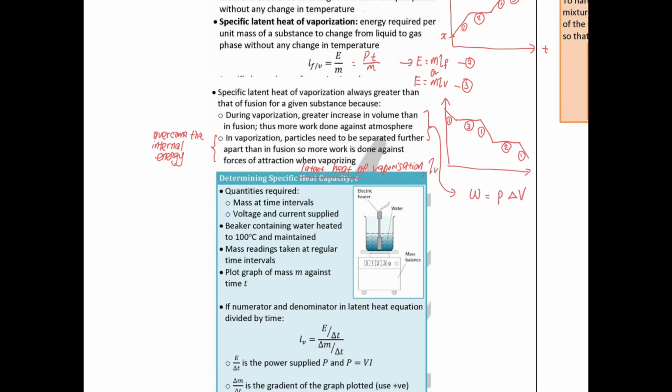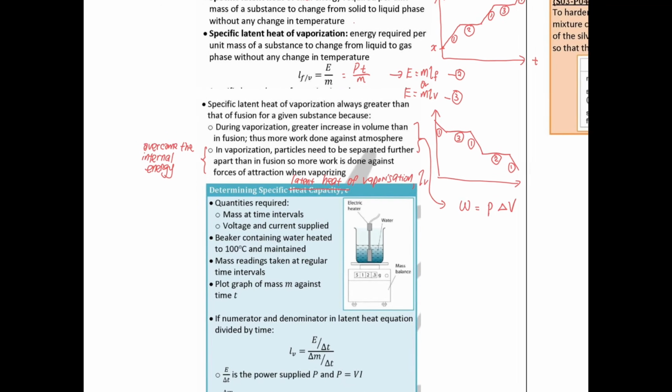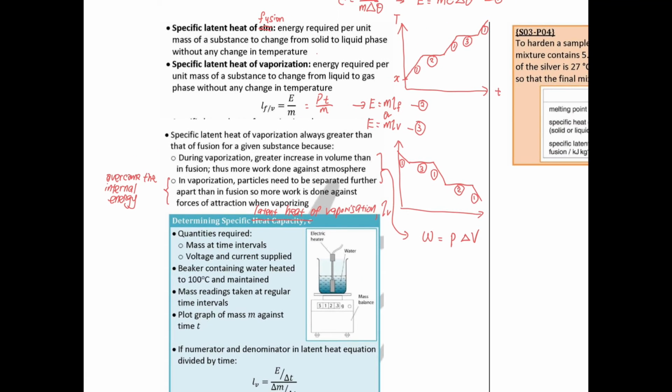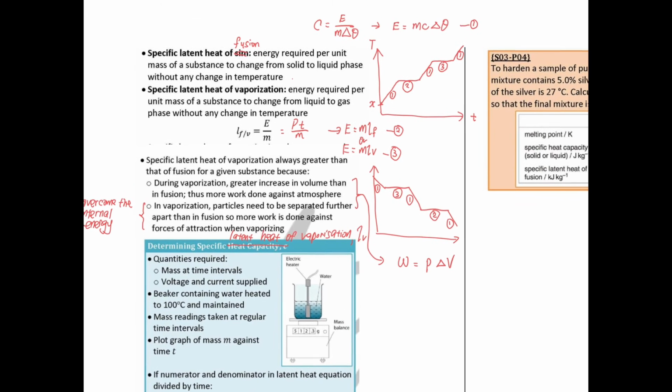Okay, at boiling point. Of course it is kind of common sense to know about this because we are determining specific latent heat of vaporization. As you can see, specific latent heat of vaporization happens during here. During here, this is the specific latent heat of vaporization that is involved.